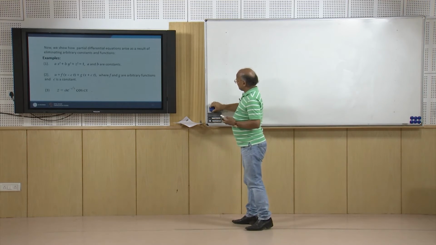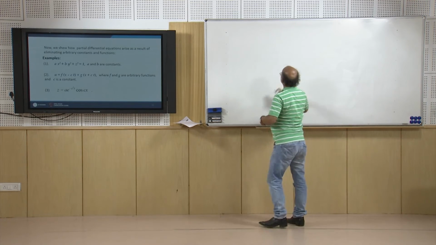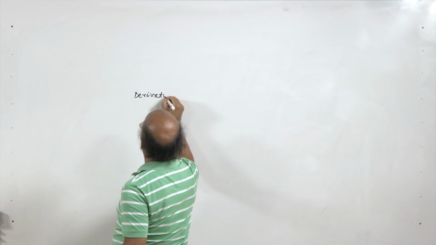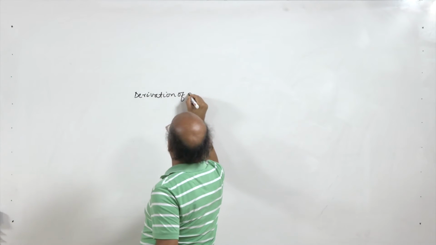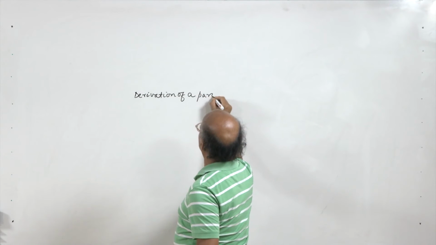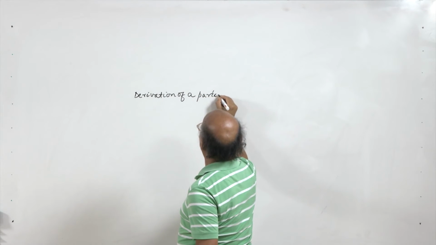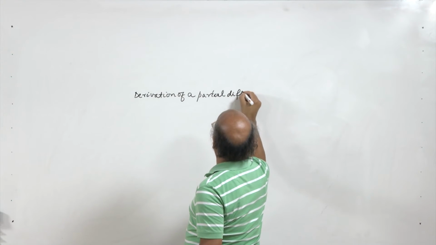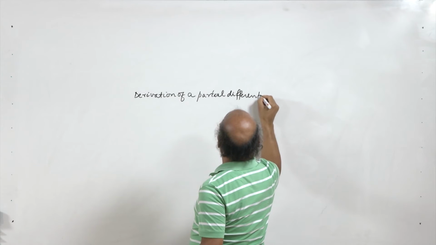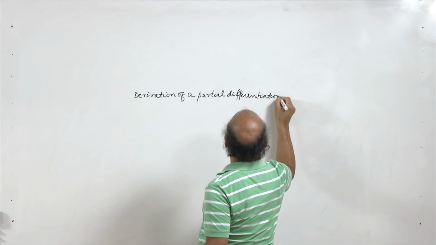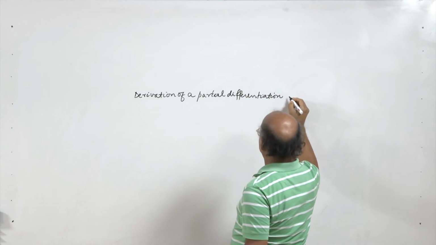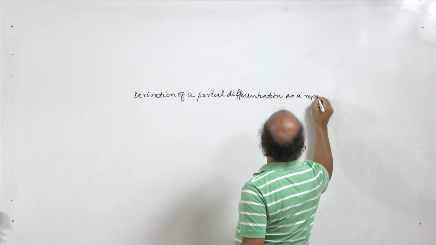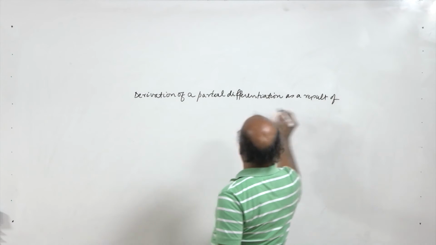So, let us see the derivation of a partial differential equation as a result of eliminating arbitrary constants.